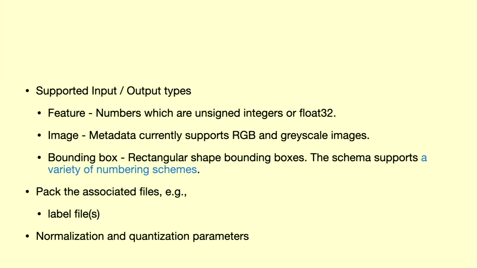Currently, supported data types are features, images, and the bounding box. These are general features, probably for image classification as an input, or any kind of image processing, such as classification, object detection, segmentation, etc. But all of them usually need image input, so you can set the input type to be image.